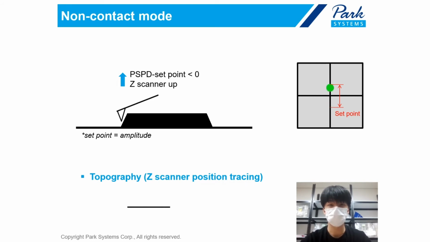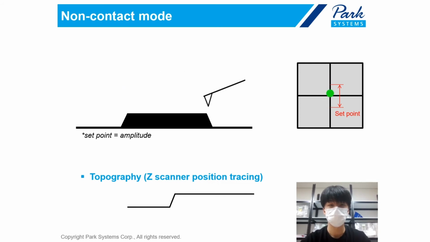And when the tip meets the downhill slope, like this, the distance increases, so the amplitude gets larger than the set point. And again, the feedback moves the scanner down to maintain a constant amplitude. And this trace is the result from the non-contact mode.